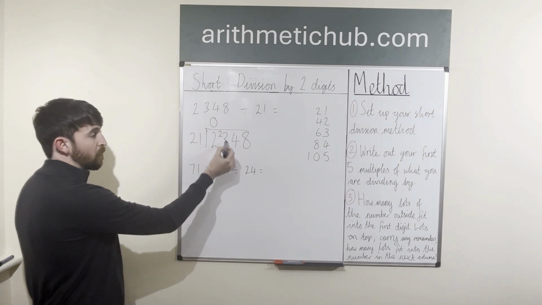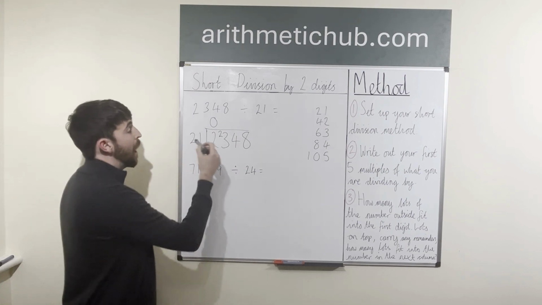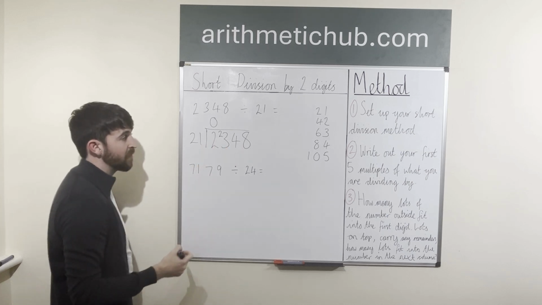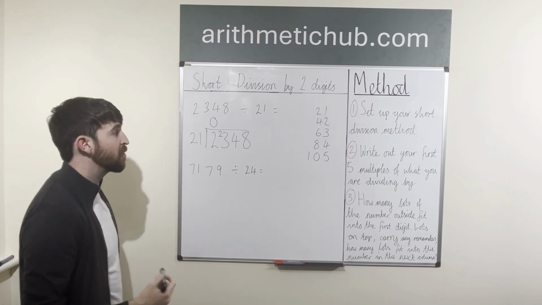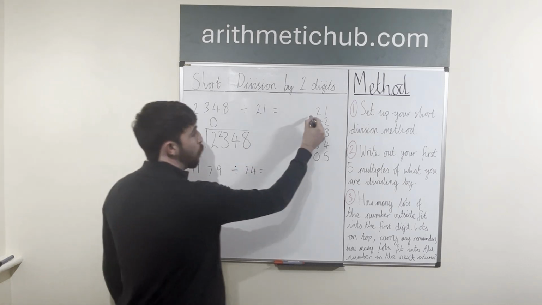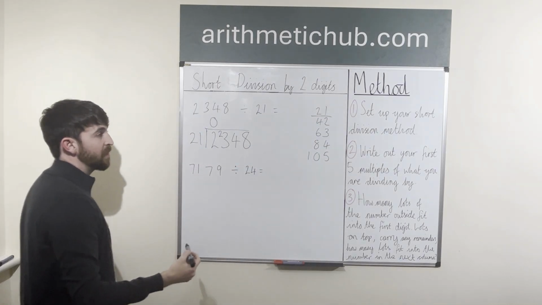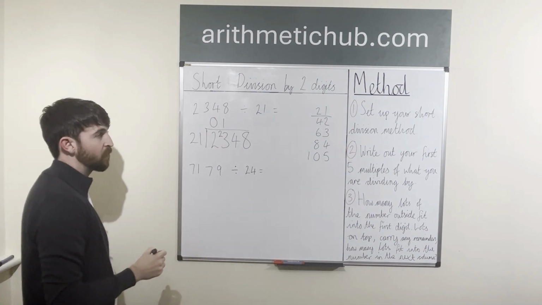So then it becomes 23 in our next column. Now we have to ask, how many times can 21 go into 23? Well, 21 is smaller than 23, so one lot of 21 fits into 23.